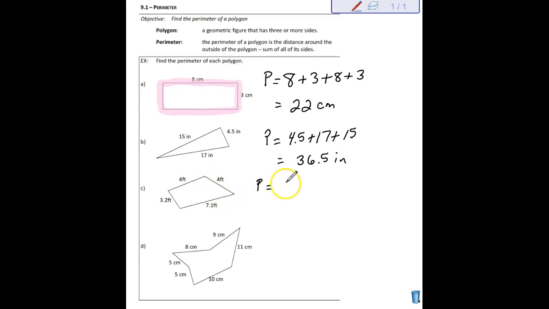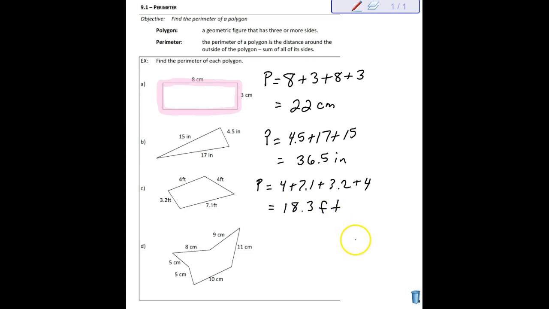So this one is 4, plus this is 7.1, plus 3.2, plus the last side, which is also 4. So go ahead and just add those up. And what you should get is a total of 18.3.